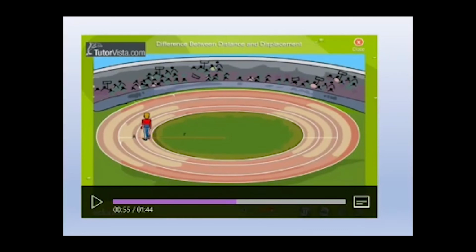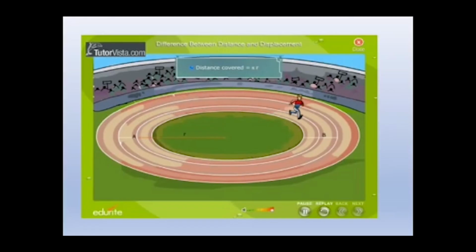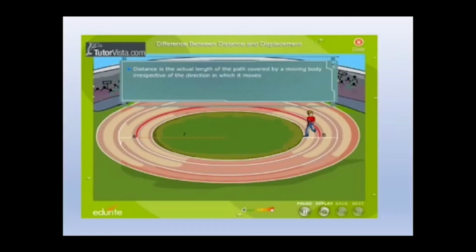Now let us calculate the distance and the displacement if the athlete stops at point B, which is diametrically opposite to point A. The distance covered would be half the circumference of the circle, and the displacement, being the shortest distance between the initial and final positions, is equal to the diameter of the circle.